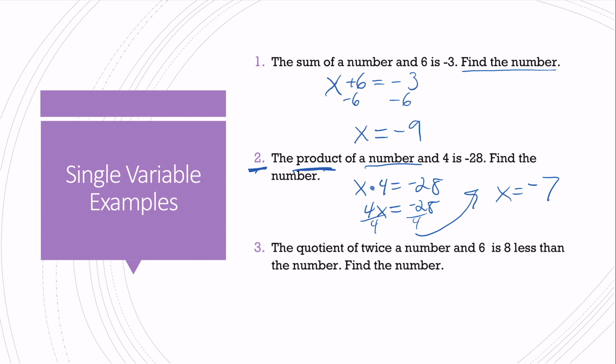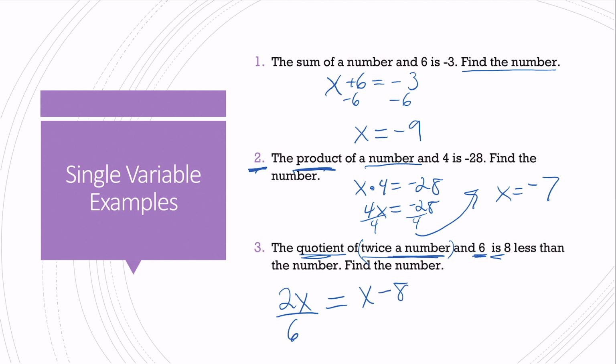I divide both sides by 4, and I get x is negative 7. For our third example, the quotient, okay, so the quotient, that's a hint that I'm dividing, of twice a number and 6. Twice a number, that's my numerator. So I've got x times 2, and 6 is, that's my equal sign, 8 less than the number. So the same number, and 8 less than that.